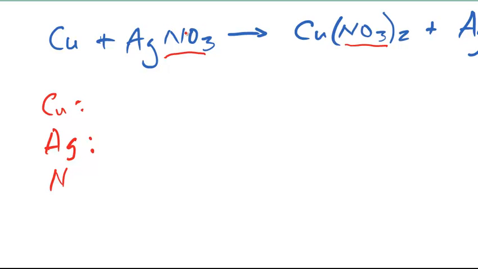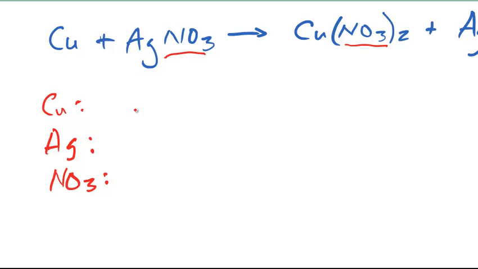Think of them as a unit. So don't try to balance the nitrogens separately from the oxygens. When you have a polyatomic that appears on both sides of the reaction, just treat them like a unit. So instead of writing nitrogen and oxygen separately, I'm going to write NO3, a nitrate group.